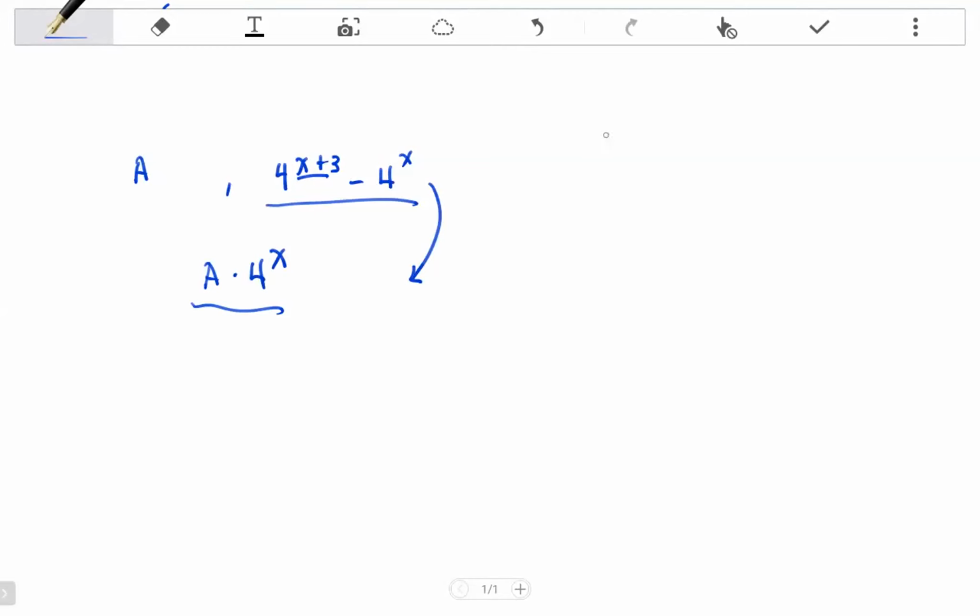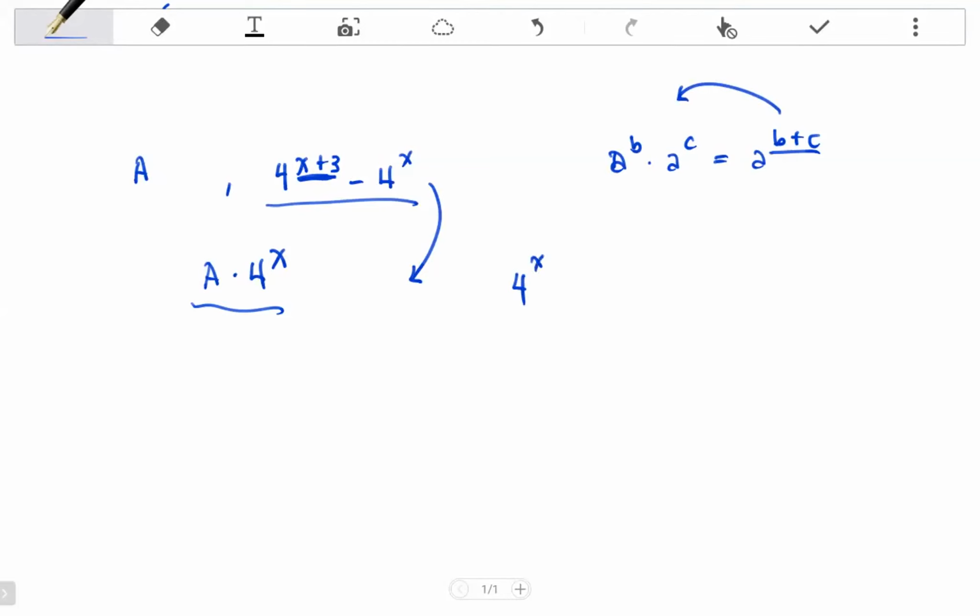Remember in our adding property, we said that something times something, when we have the same base, we can add the exponents. Well, it looks like we have an addition here. So can we work the opposite way around? I think we can.